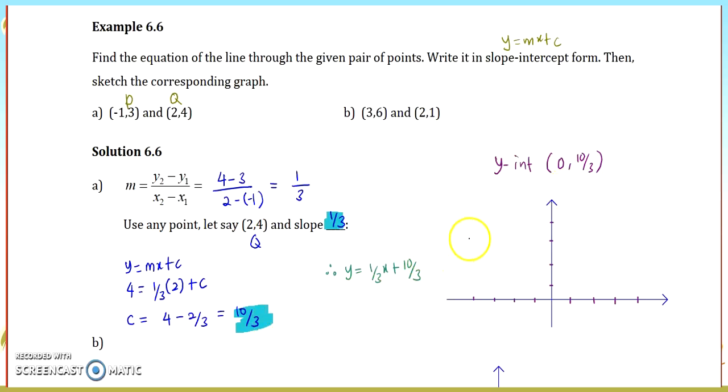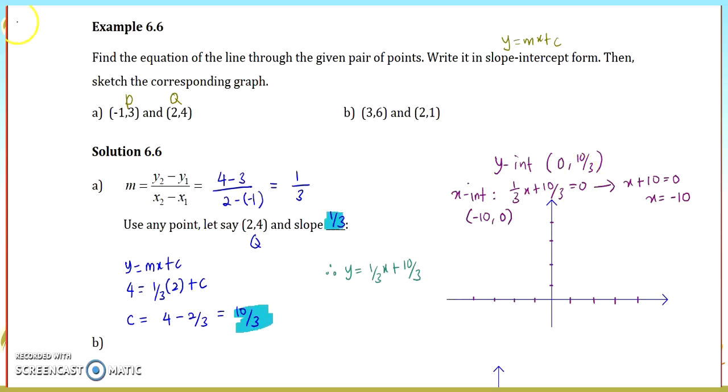And then to find the x-intercept, we need to replace y with 0 in the equation. So when y equals 0, x is equal to negative 10. So the coordinate of the x-intercept is (-10, 0).